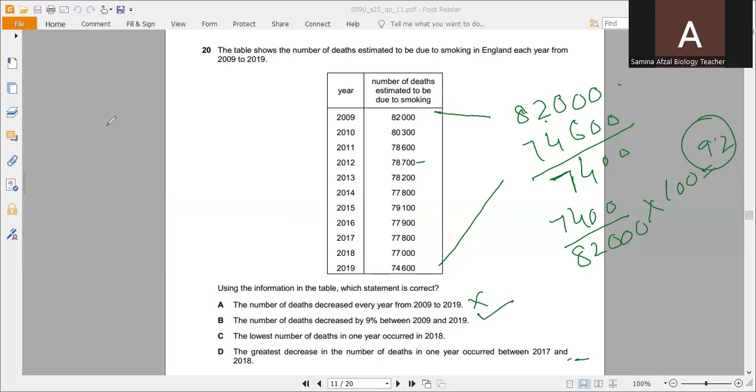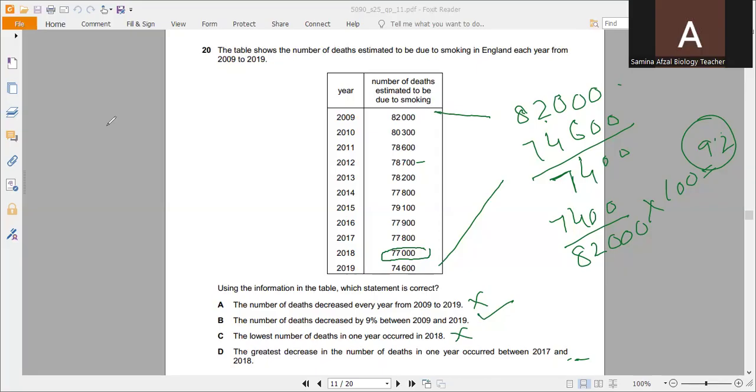The lowest number of deaths in 1 year occurred in 2018. No, you can see the lowest death rate is in 2019, so this is not the correct option. The greatest decrease in the number of deaths in 1 year occurred between 2017 and 2018.